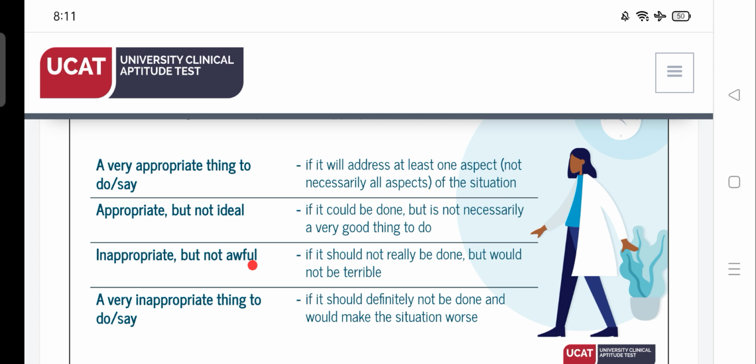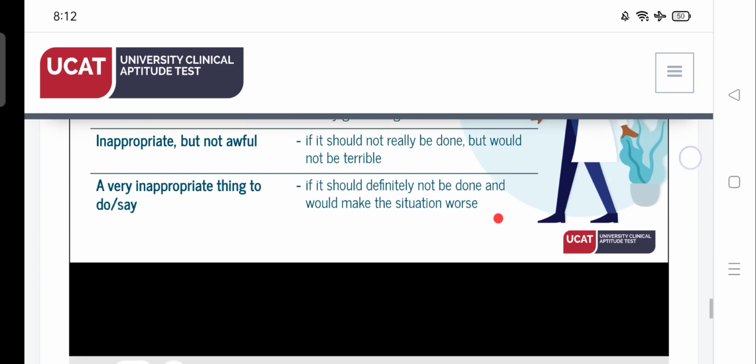Inappropriate but not awful, if it should not really be done, but would not be terrible. A very inappropriate thing to do, if it should definitely not be done and would make the situation worse.